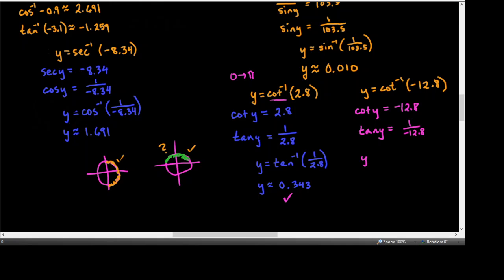And so what you might type in your calculator is tangent inverse of 1 over negative 12.8. We type that in, second tangent of 1 divided by negative 12.8, and I get an answer of negative 0.078.